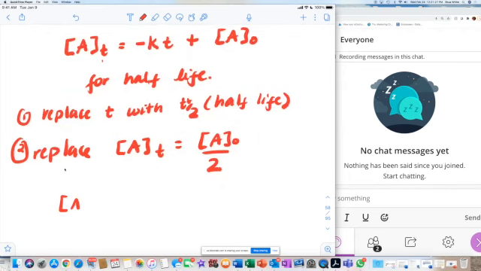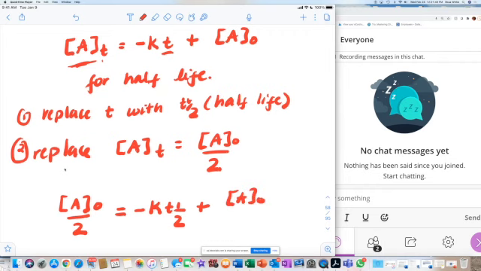So what happens is you end up with A sub naught over 2 in this position right here, equal, the constant is still the same, it's the same reaction. And then at T, you put T1/2 plus A naught.